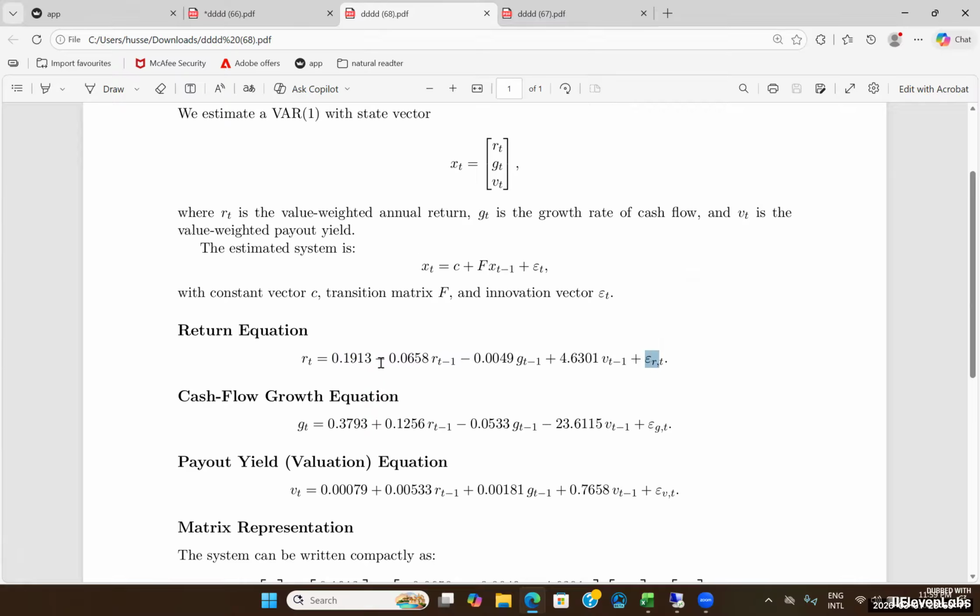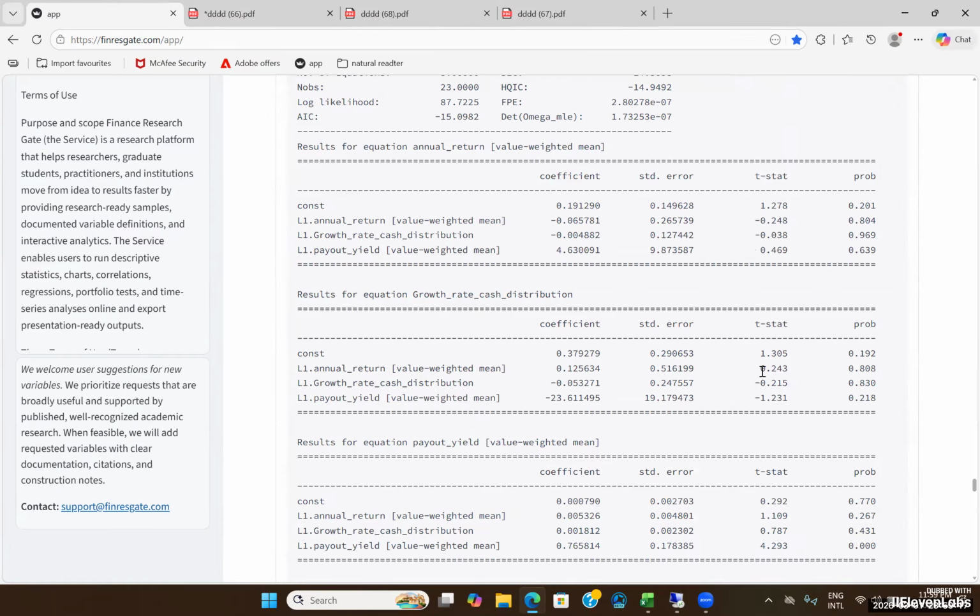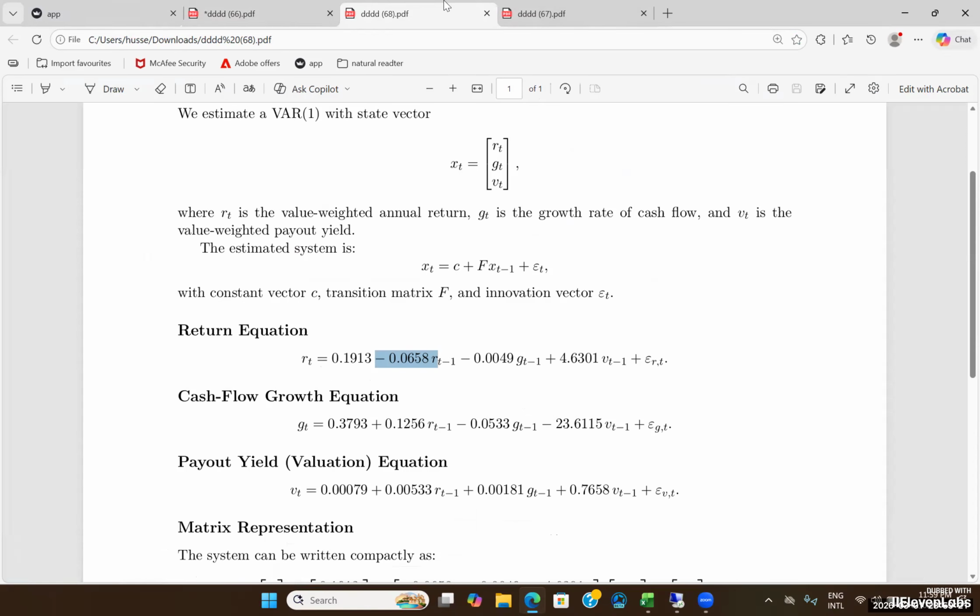The time lag does exhibit an effect, however, its overall impact may not be statistically significant because the t-value associated with this particular effect is not significant. Similarly, the observed growth rate pertaining to the cash distribution of these assets is not considered to be particularly significant, and the same conclusion applies to the overall payout yield as well. For the second equation, the cash flow, or alternatively, the cash distribution growth, is essentially a function of a constant term and those very same lagged variables.